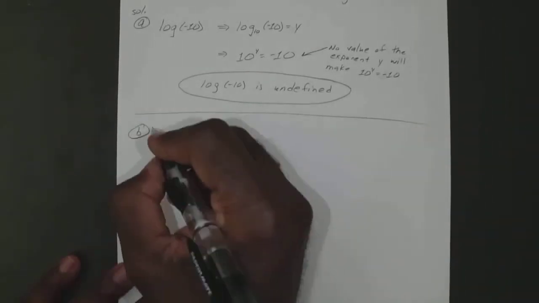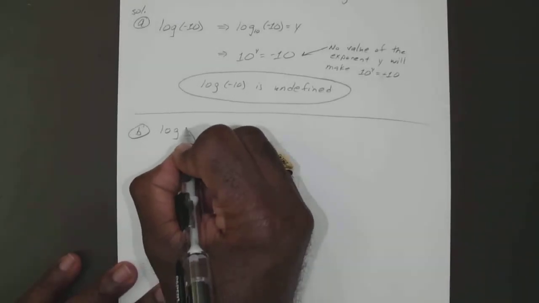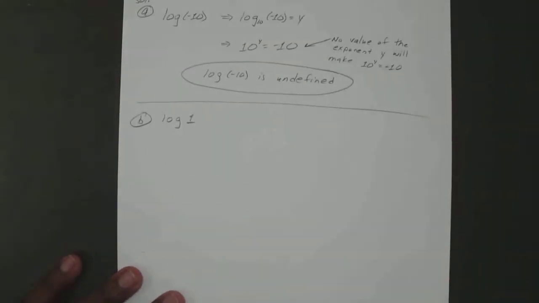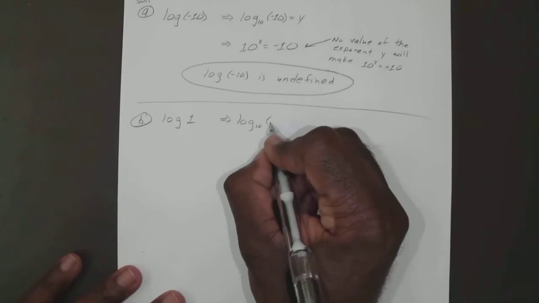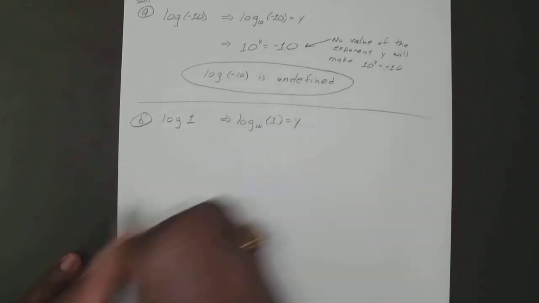Okay, so for B, say log of 1, we can just rewrite that as log base 10 of 1 equals y.